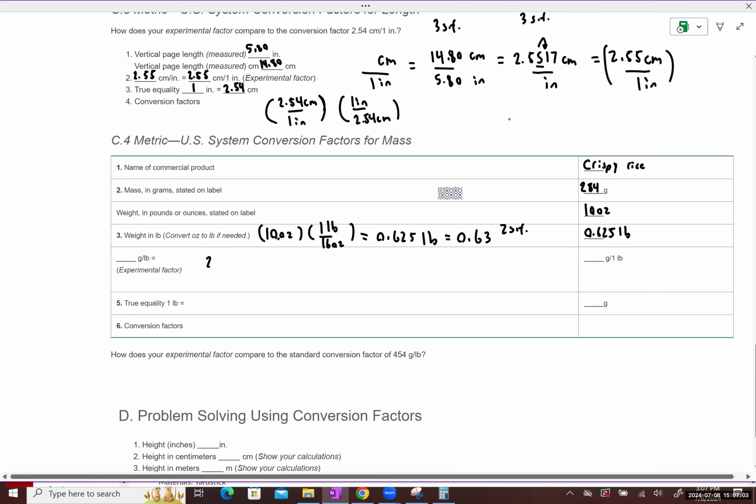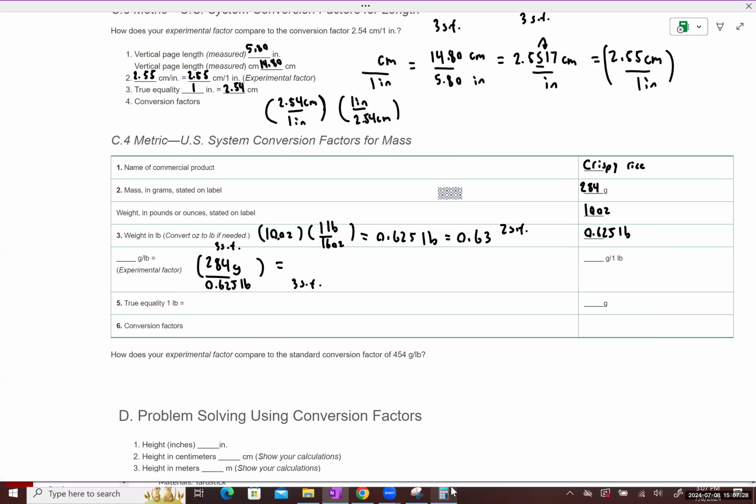So we take our grams, which is 284 grams. Let's write that clearly here. And we divide by the weight in pounds, which is 0.625 pounds. Again, both of these values have 3 significant figures, so our final answer should be rounded to 3 significant figures.